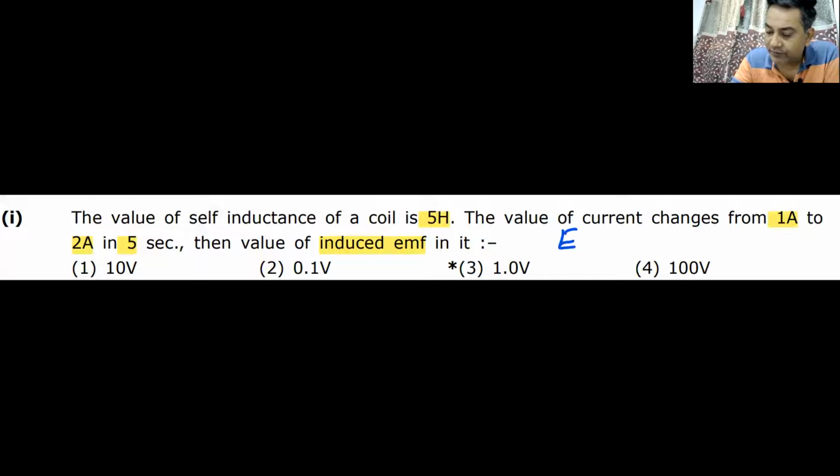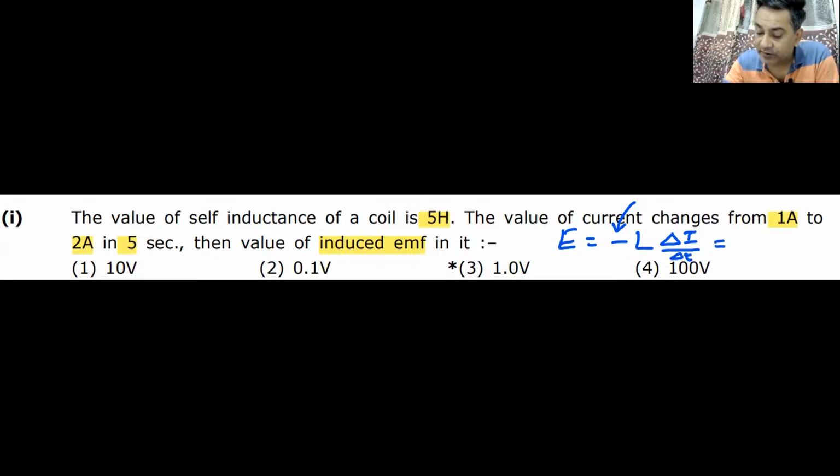Induced EMF is equal to minus L into change in current, let me call it delta I, divided by change in time, delta T. The negative sign only indicates that it is opposite to the change in current.